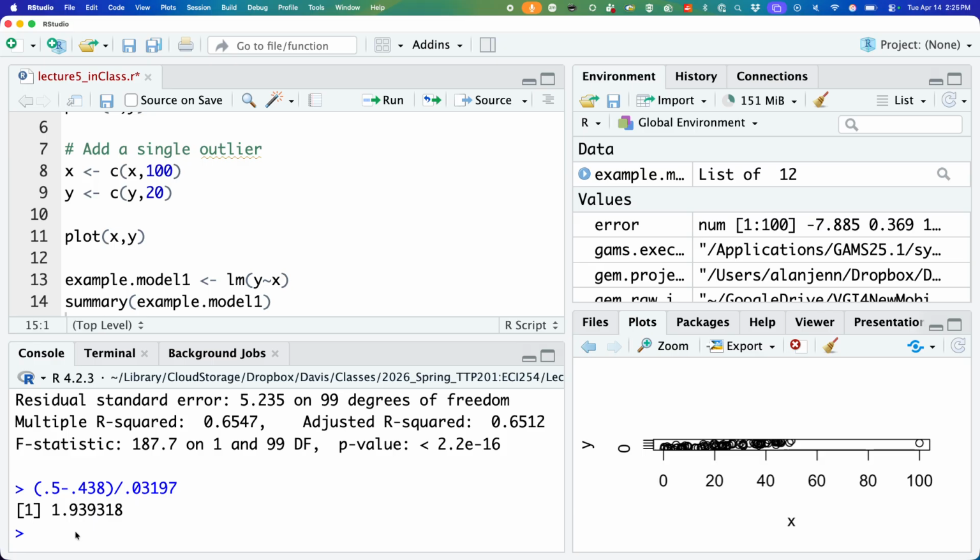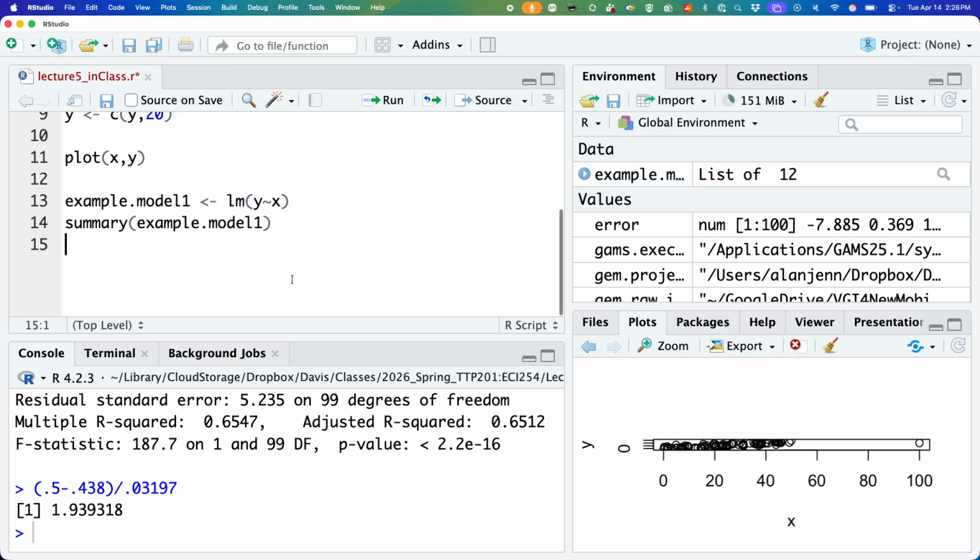This is almost 2 standard errors away from the true value of the slope, right? So it is, at the 10% level, statistically different. So we would say that our outlier is actually affecting our results in a substantial way, in a significant way, I should say.